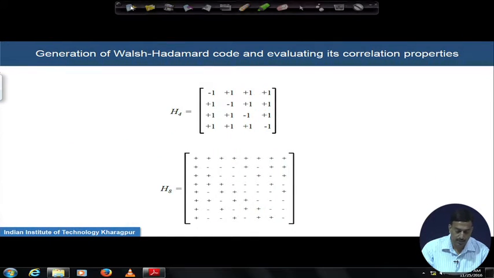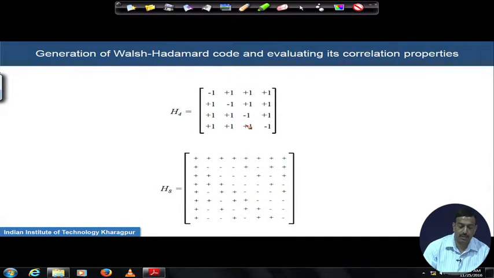So as we see, we have a Hadamard matrix which can be of a given size, and I think this has been dealt with in a previous lecture, so I am not going to get into it. But generally, whenever we have a Hadamard matrix, the first row of the Hadamard matrix will be all ones.